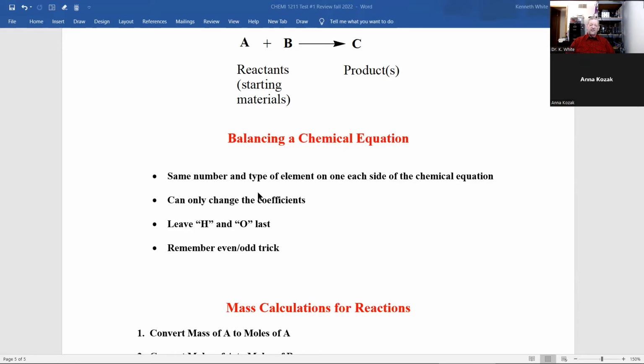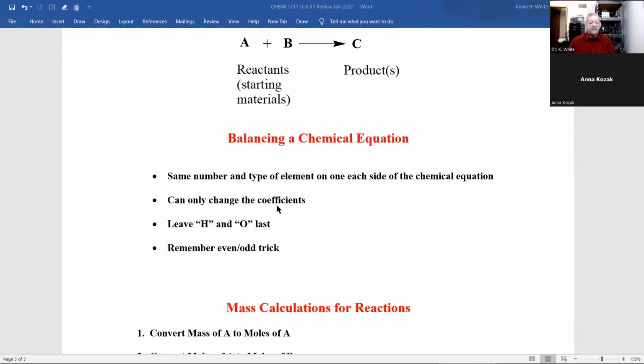And if you watch yesterday's video, which would be 2022 1011 file name, you'll see how I showed how to balance chemical equations from the problem set. And you can only change the coefficients. Students like to say, well, if it's H2O, but I need an extra oxygen, I'll make it H2O2. Nope, that's a different compound.